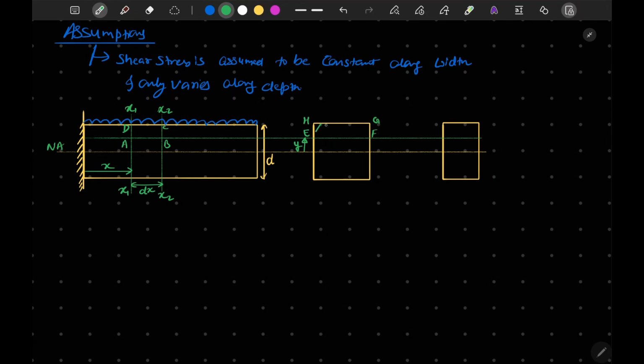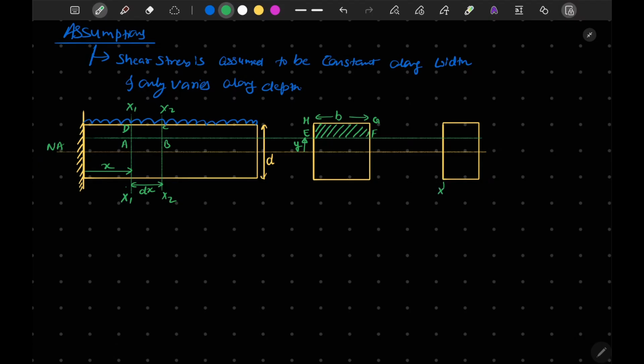Okay, and we have to calculate what the shear force acting on this diagram should be. So if I say the shear force acting at point y, it should be the summation of all the shear forces acting above that point. So the shear force acting on this area will be our solution. Let's say this is our width B of the beam. Here again I have drawn the section, so I can write it as x1, x2, and this figure indicates exactly this.